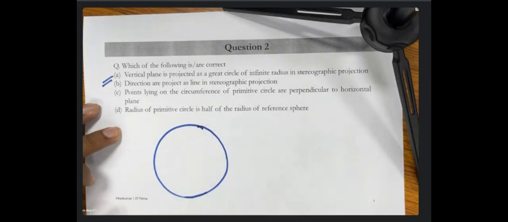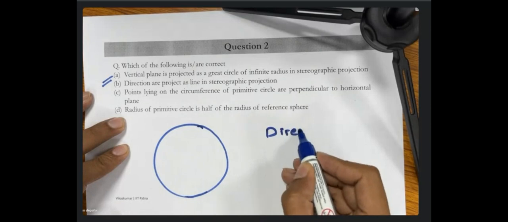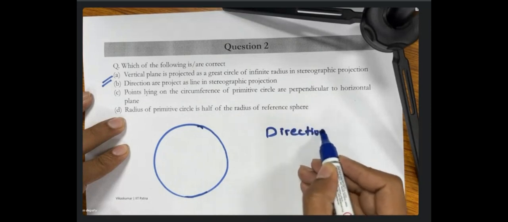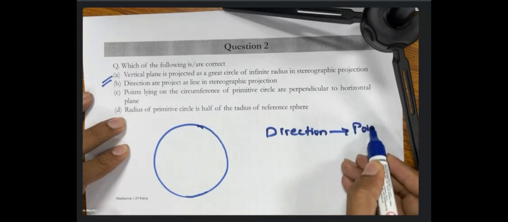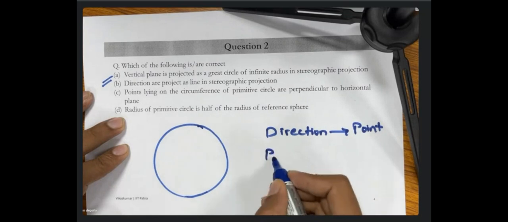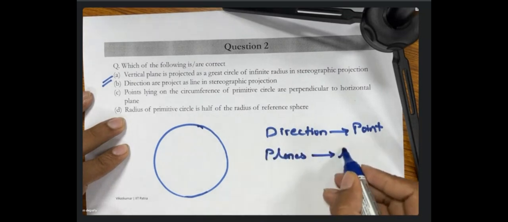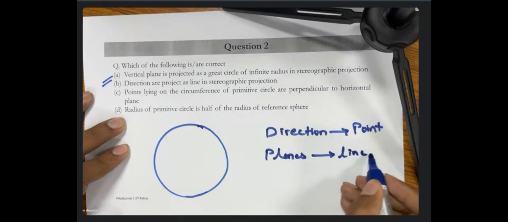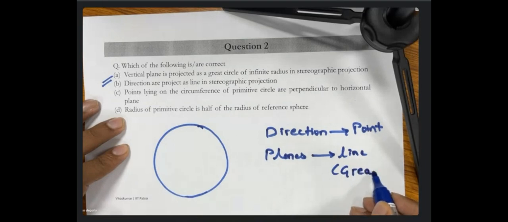The direction will be presented as a point, or we can say it will be presented as a pole, while the planes will be presented as a line, or to be more precise, projected as a great circle.